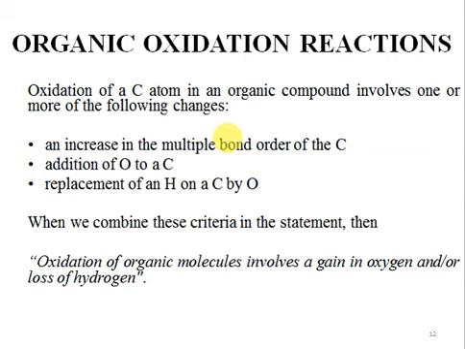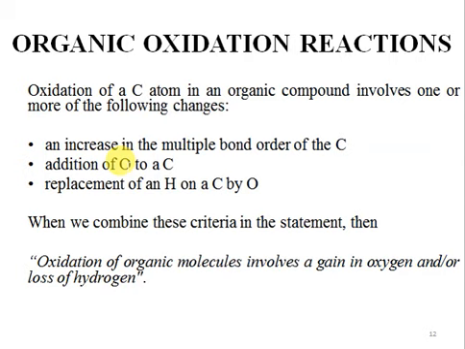So if there is an increase in multiple bond order of the carbon, we say the organic compound has oxidized. Similarly, if there is an addition of oxygen to carbon, this is also an example of oxidation reaction of the organic compound.